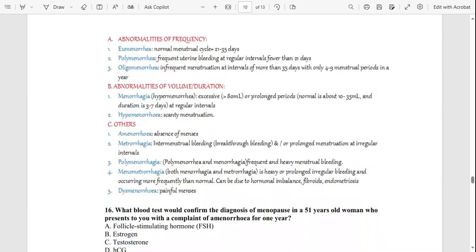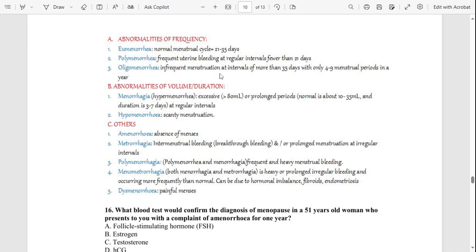Okay, when you look at these menstrual problems, you have got problems of frequency and problems of volume. Frequency is how often you are menstruating as a lady. The normal is 21 days to 35 days. That is eumenorrhea. And if someone is bleeding so frequently, for fewer than 21 days, that is polymenorrhea.